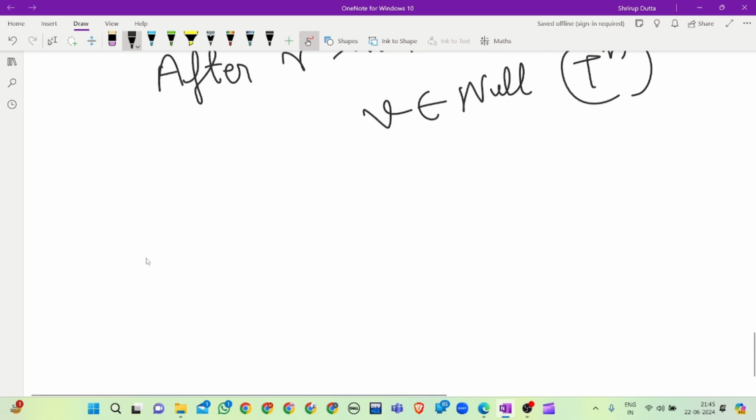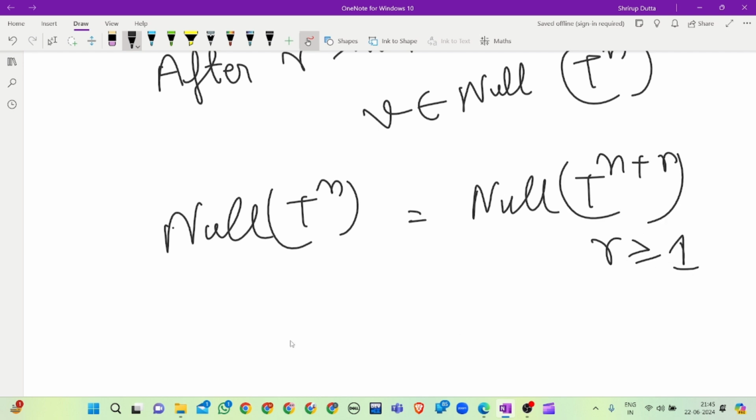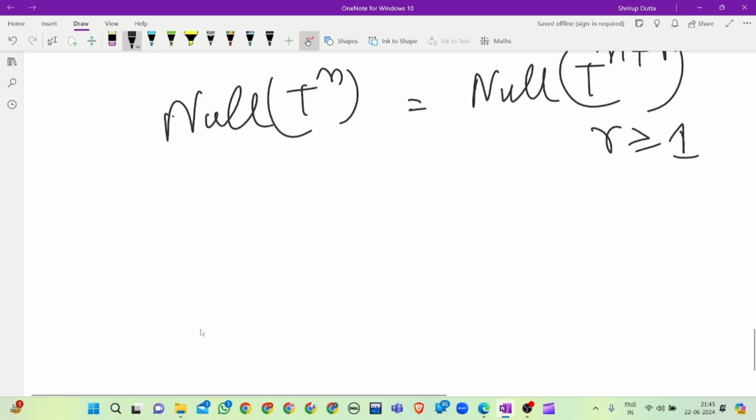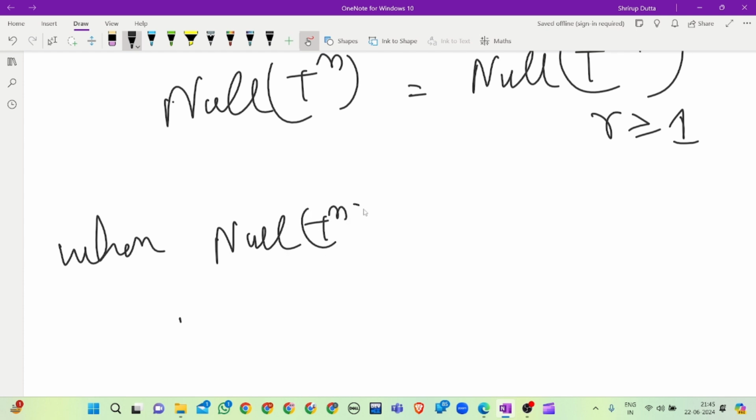So we have this equality: null space of T to the power n equals null space of T to the power n plus r for r greater than or equal to 1, when null space of T to the power n equals null space of T to the power n plus 1.